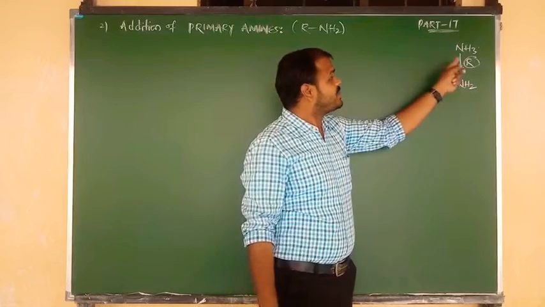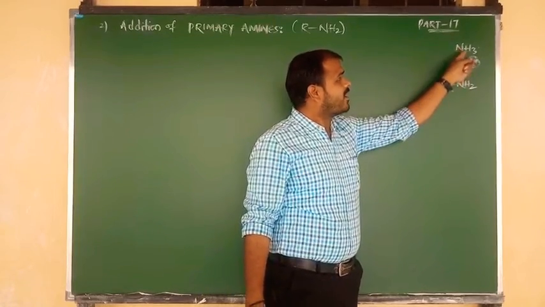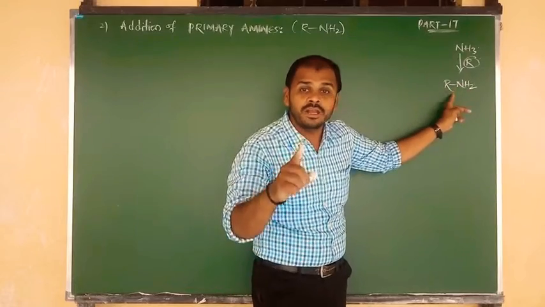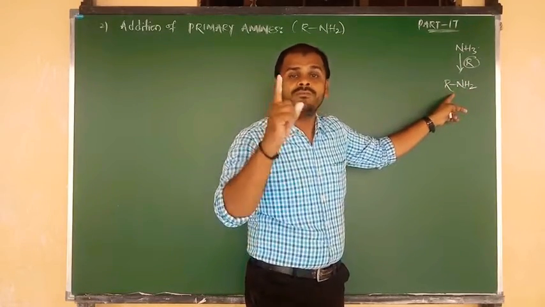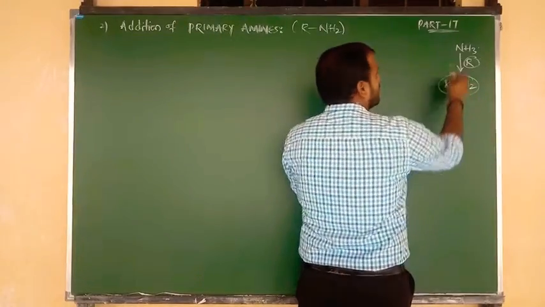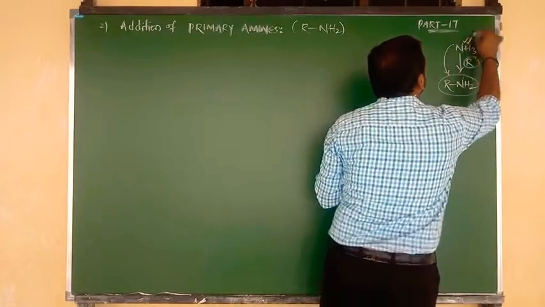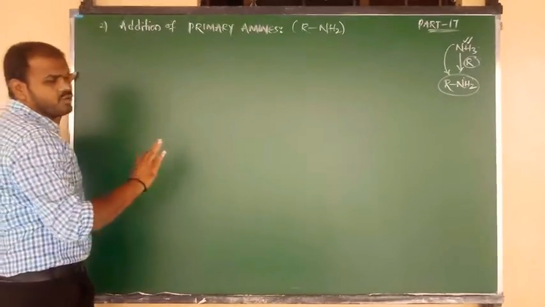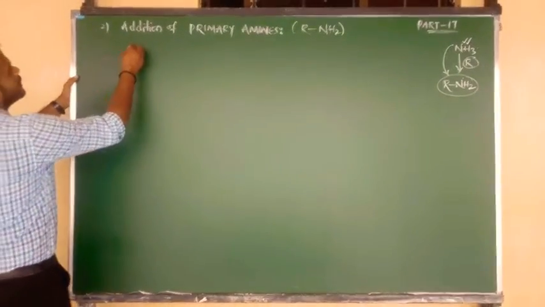So R is bonded to NH2, and the remaining formula is NH2. R-NH2 is the formula of amine, and we can say primary amine. So primary amine is nothing but a derivative of ammonia.